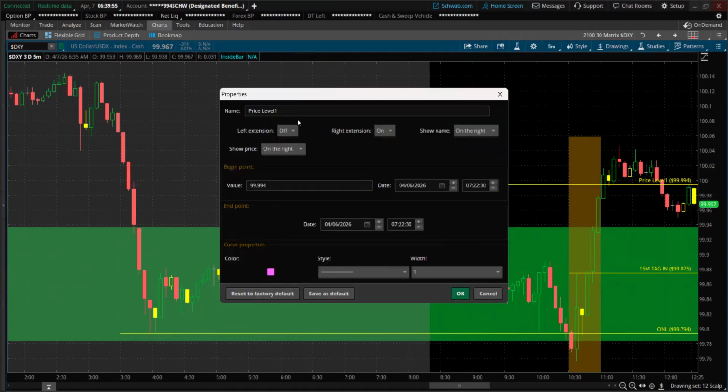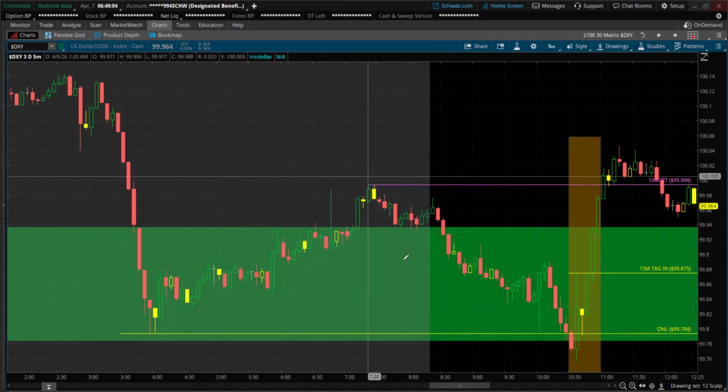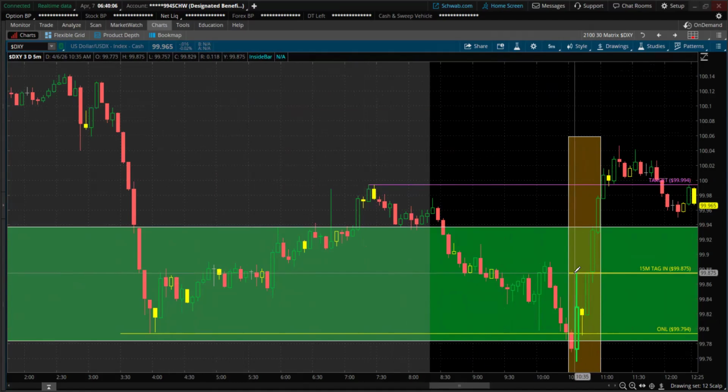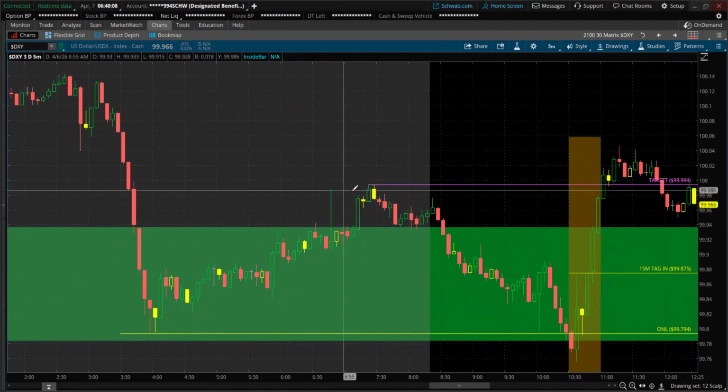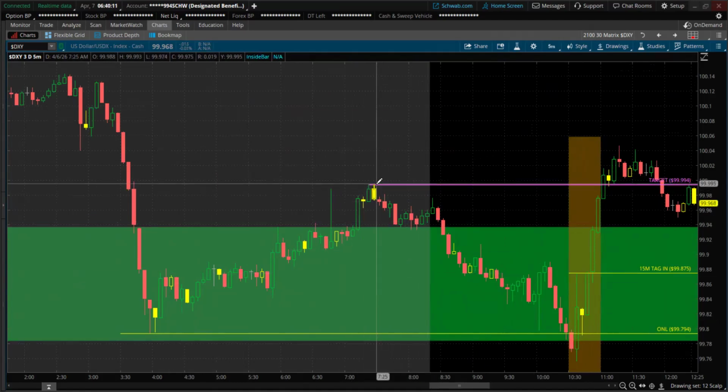Let's simply label purple and target. Label that target. Again, 5 minute chart. Again, I said the tag in was here. And the conservative target was there.